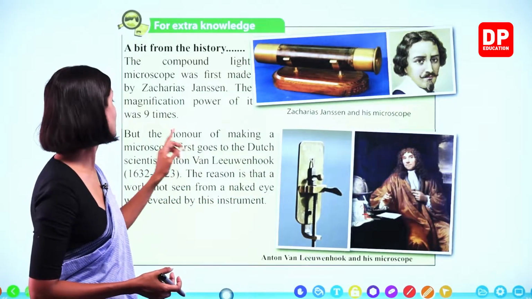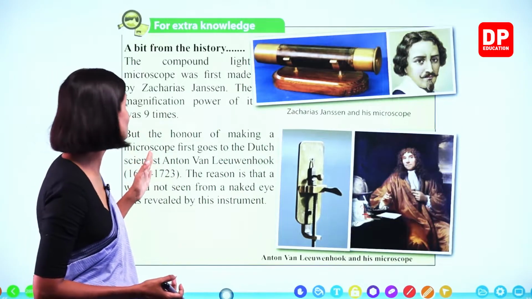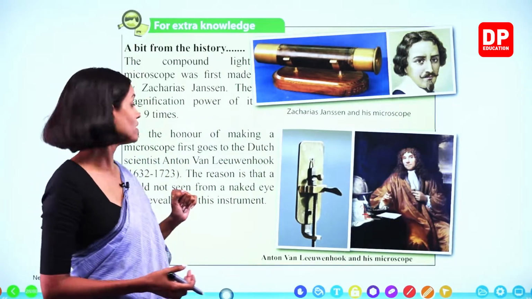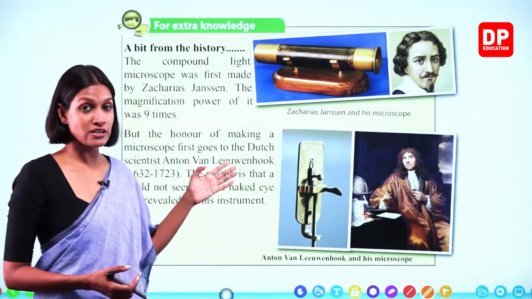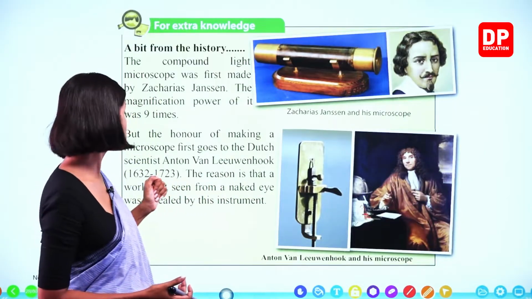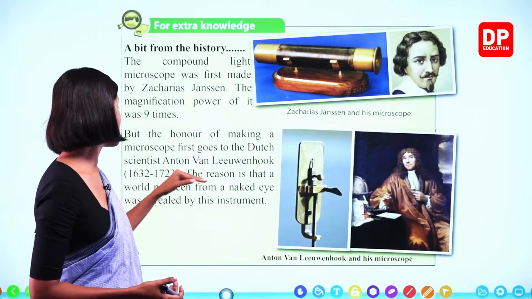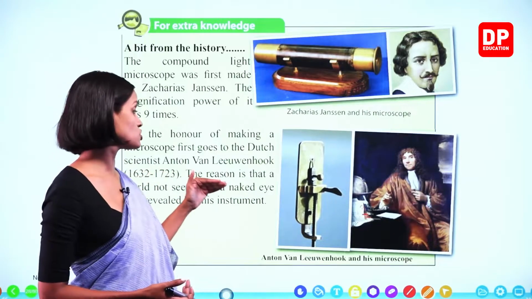But the honor of making a microscope first goes to the Dutch scientist Antony van Leeuwenhoek, right? Antony van Leeuwenhoek was a Dutch scientist and he is known as the father of microbiology, right? The reason is that a world not seen by the naked eye was revealed by this instrument.